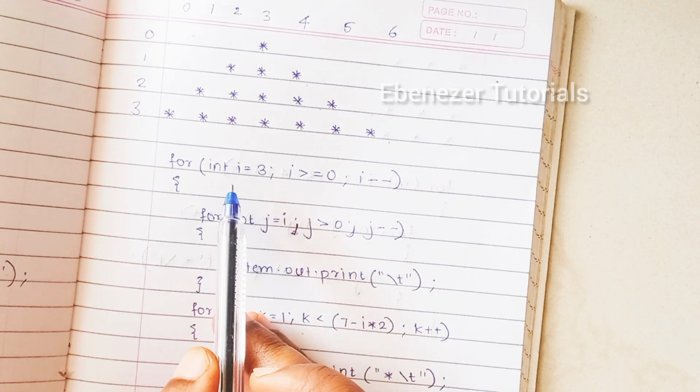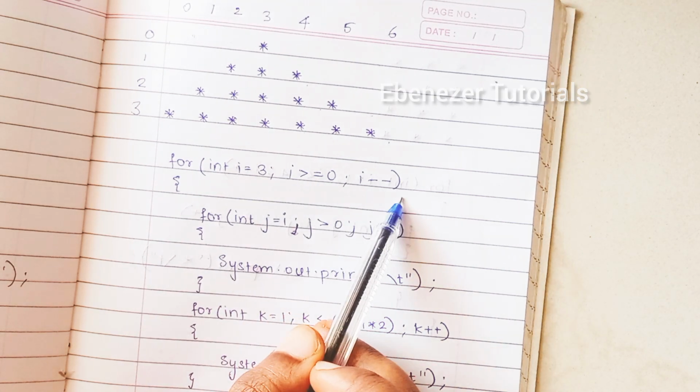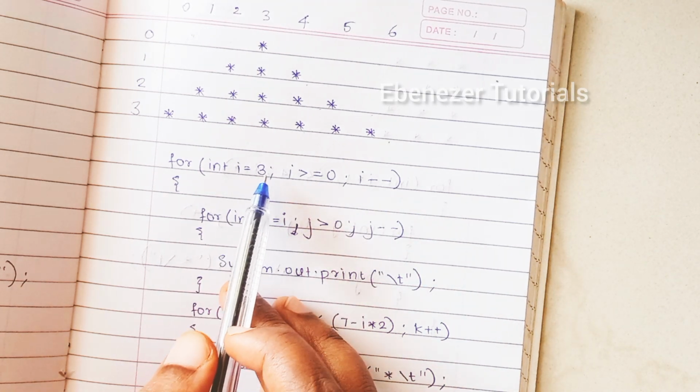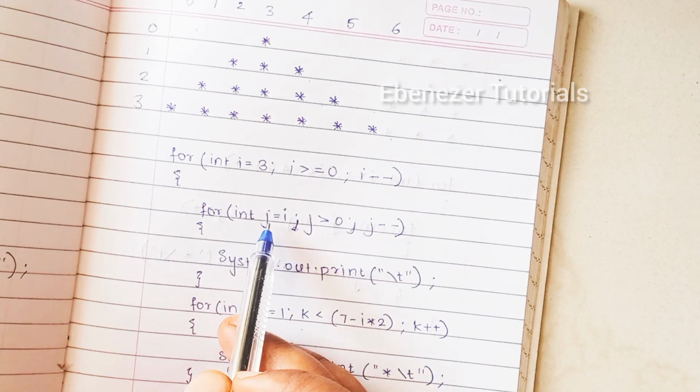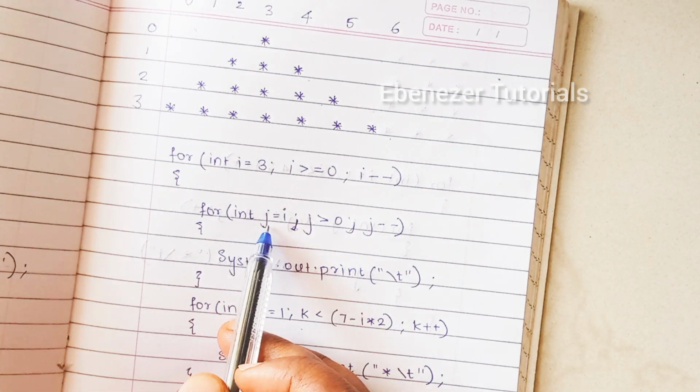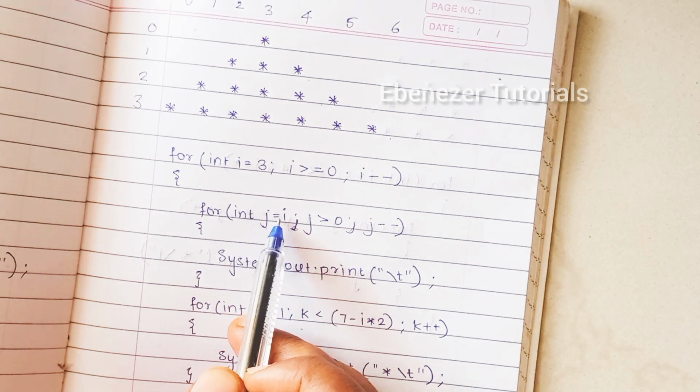We are starting from i equal to 3, i greater than or equal to 0, i minus minus. It's just like iterating through each row. Inside it, the first loop, with iterating variable j, starts from i.